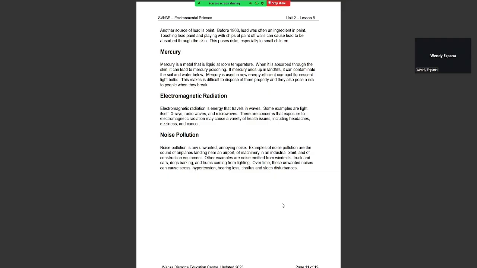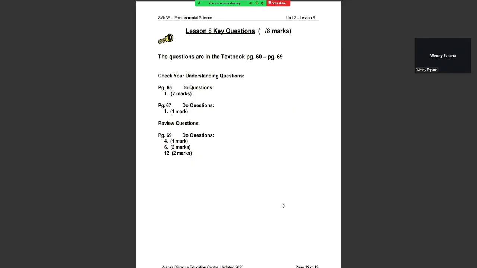Basically noise pollution causes stress, causes you to be unable to sleep, and then the issue from that is all the side effects of not sleeping. However, if it's really severe noise pollution, you could also get hearing loss or tinnitus, when you get the ringing sound in your ears. Okay, there's our key questions for lesson 8.